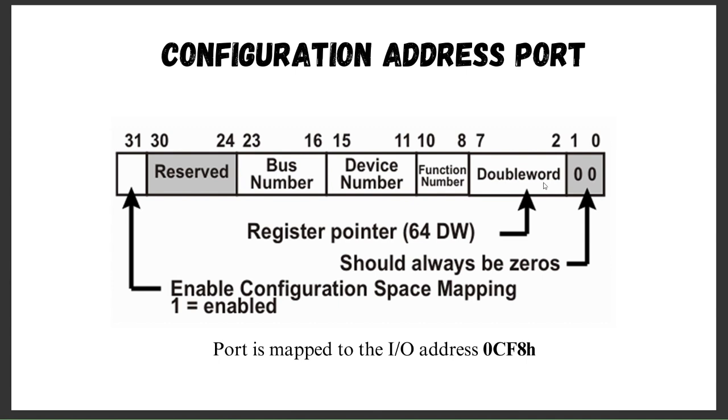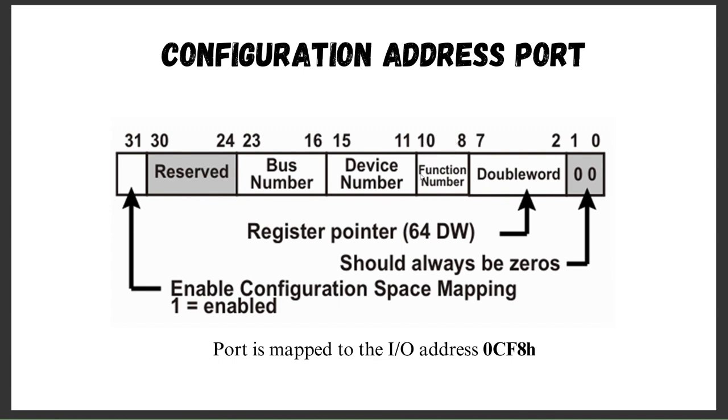This specifies the target dword or register number in the configuration space of the device. This defines which dword in the PCI device's configuration space you want to access. There are 64 dwords in the first section of configuration space, meaning the field can address any of these first 64 locations.